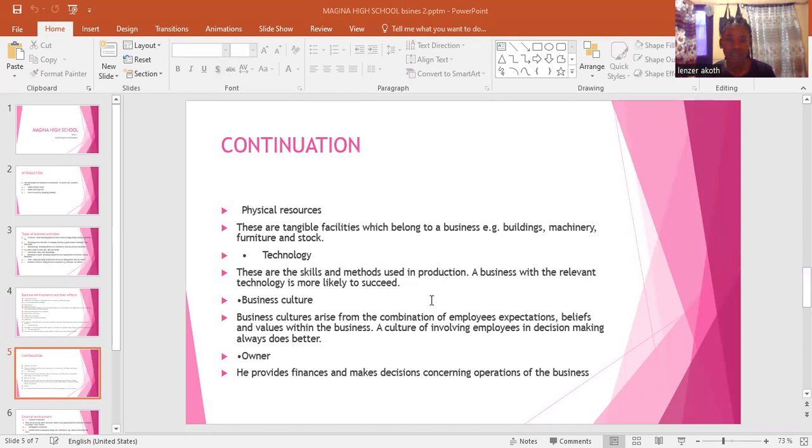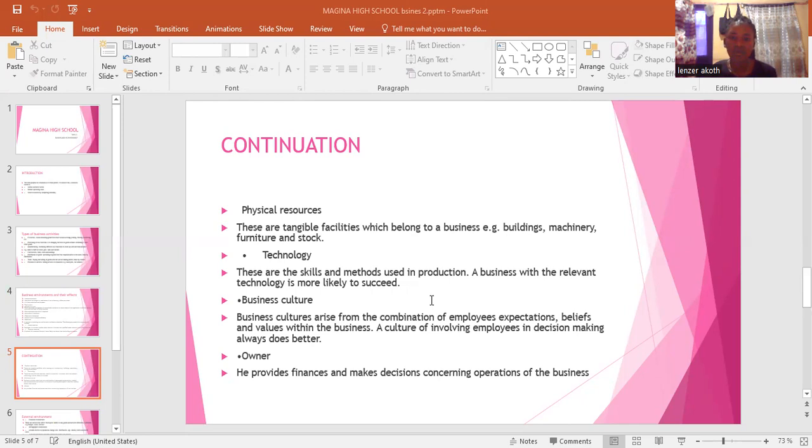Then another thing you can look at is business culture. Business culture arises from a combination of employees' expectations, beliefs, and values within the business. So a culture of involving employees in decision making does better. When you talk of a business culture, it's like the different employees that you've employed there.